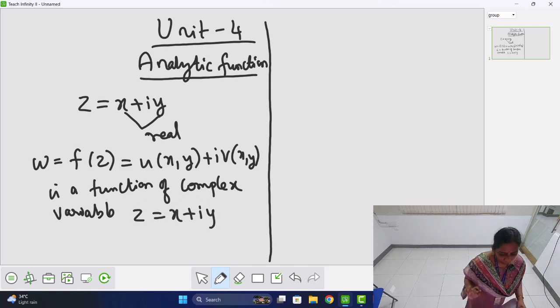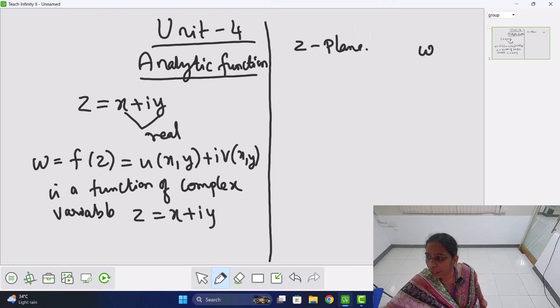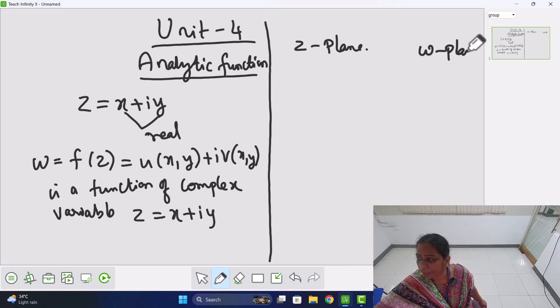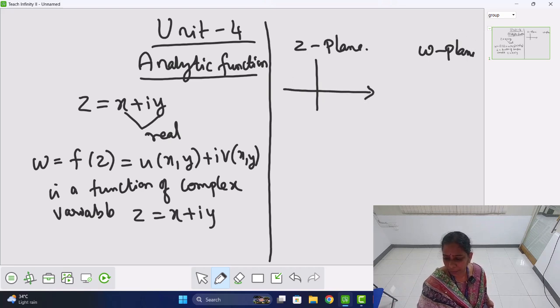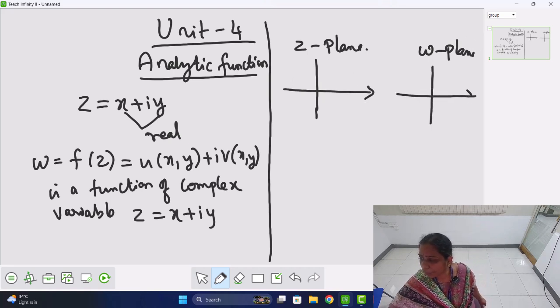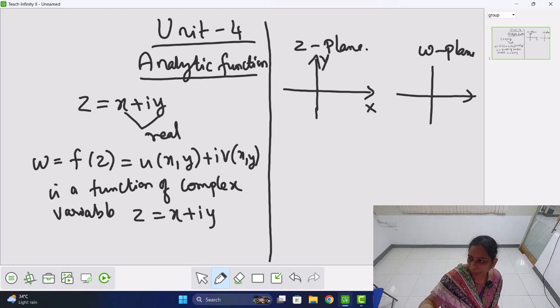One thing you have to remember before going to analytic functions: this is our z plane and this is our w plane. For the z plane, the axes will be x and y, all the points along the x axis and all the points along the y axis.